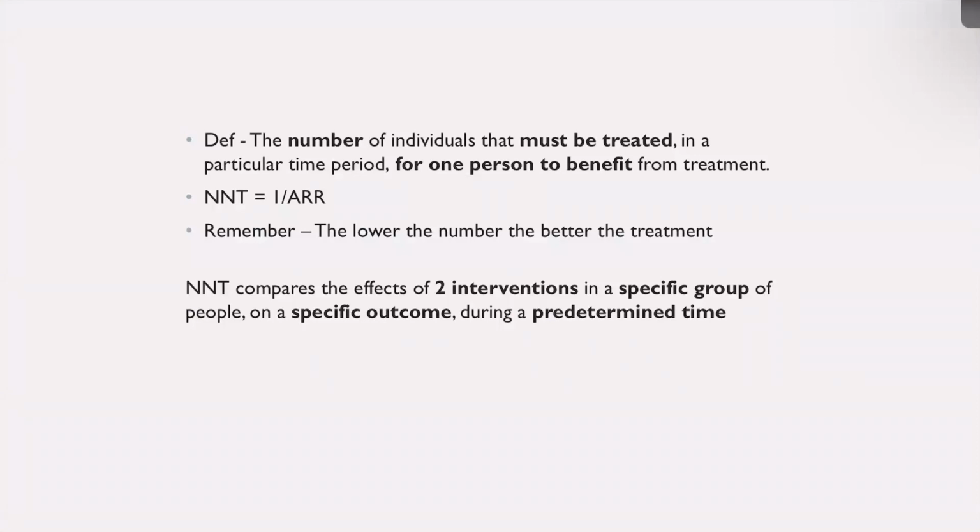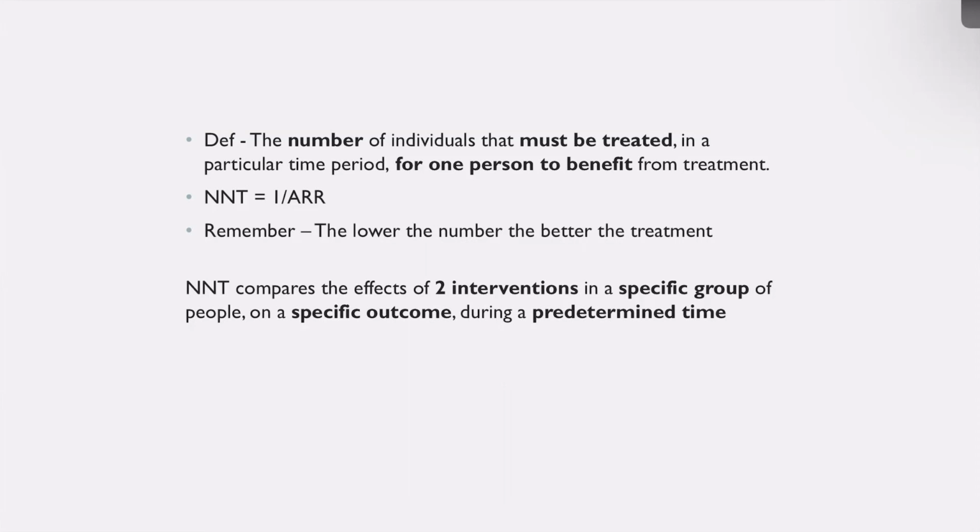The formula is 1 divided by absolute risk reduction. Here, the lower the number, the better the treatment. Why? Because by treating only a small number, one person can benefit. Suppose the number is 1, you're treating one person and that one person is benefiting. So the lower the number, the better the treatment.